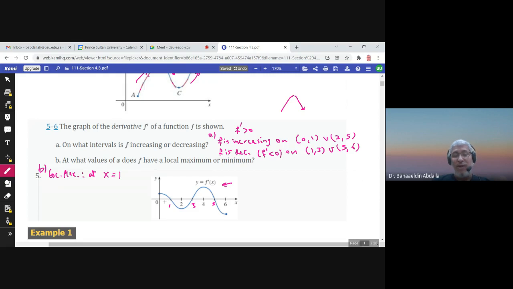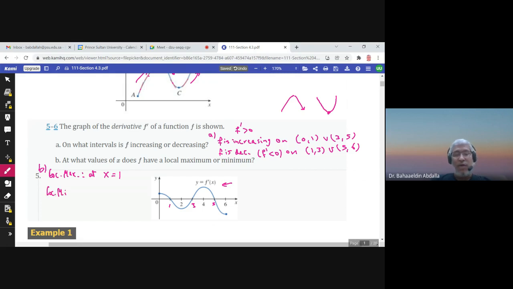Whenever f prime is 0, we may have a local maximum or local minimum. Let us discuss what happens at 3. At 3, f prime is negative, and then it becomes positive. F was decreasing from 1 to 3 and increasing from 3 to 5, so at 3 there is a local minimum.